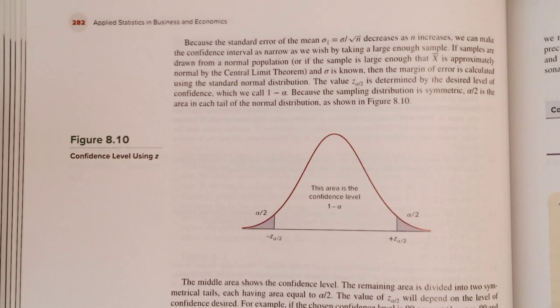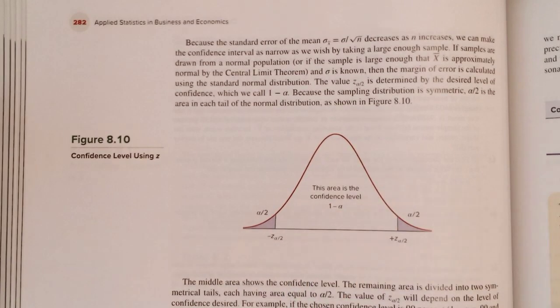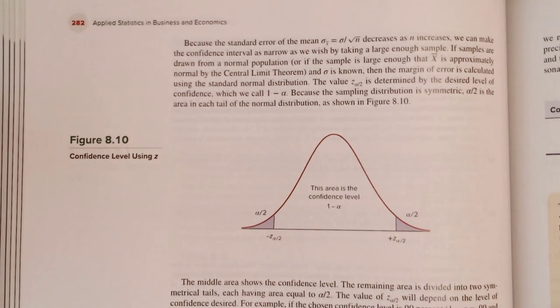And I can now say I am 1 minus alpha confident, 90%, 95%, 99%, that the mean for the whole population is inside this interval based on my sample. There's only an alpha chance that it's way smaller than that or way bigger than that. I'm confidence-level sure it's in the right numbers in here. That's a really useful statement.